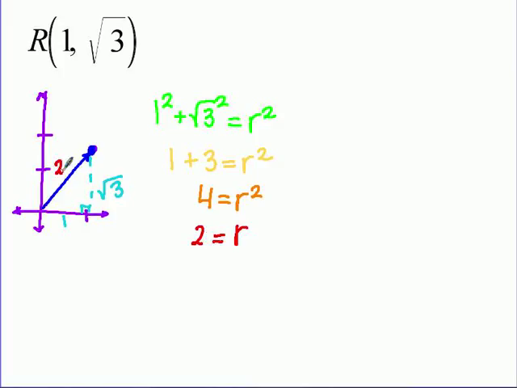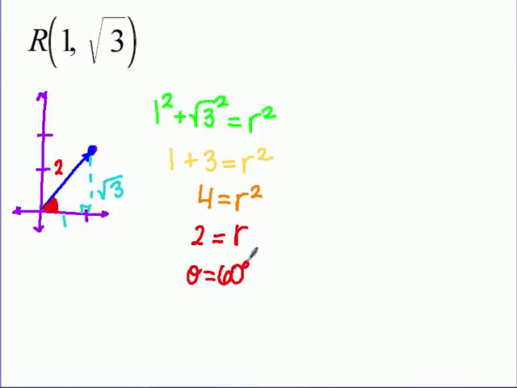Now you should notice this is actually a special triangle. Does anybody recognize what triangle this is? 30, 60, 90 triangle. So what would the red angle actually be? 60. If you didn't catch that, it's opposite the root 3, and the side opposite 1 is the 30. So you could recognize that theta is 60.